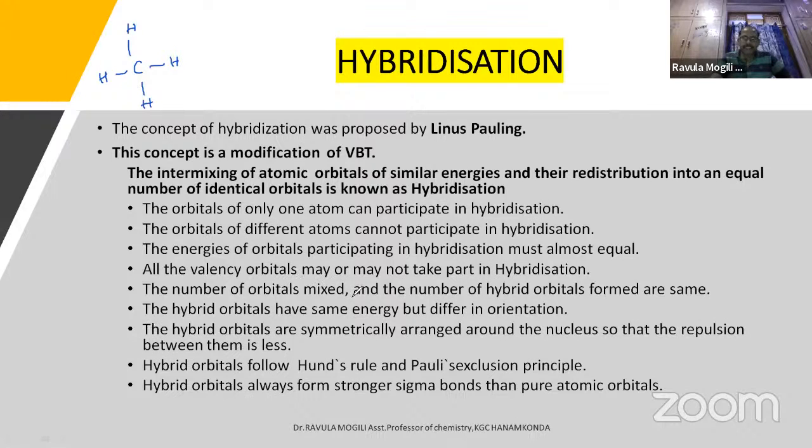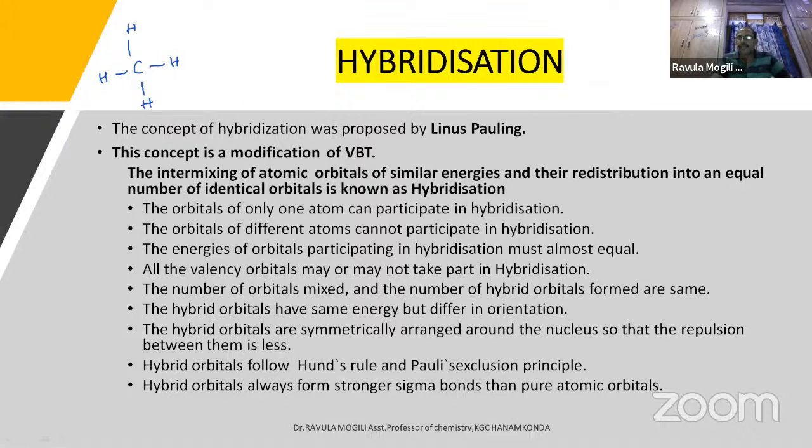The number of orbitals mixed and the number of hybrid orbitals formed are equal. The hybrid orbitals have the same energy but differ in orientation. The hybrid orbitals are symmetrically arranged around the nucleus so that the repulsion between them is less.